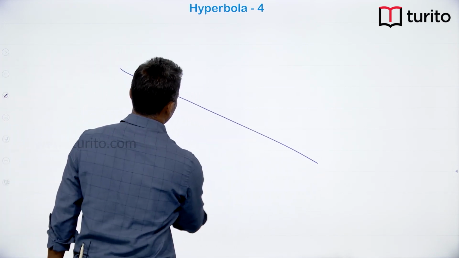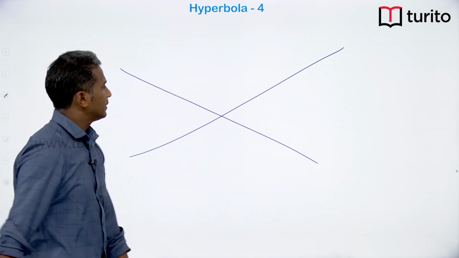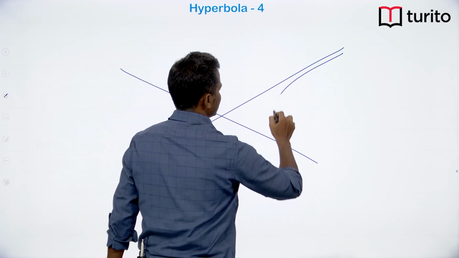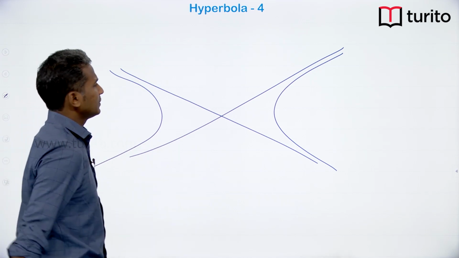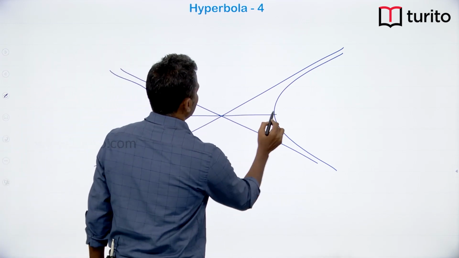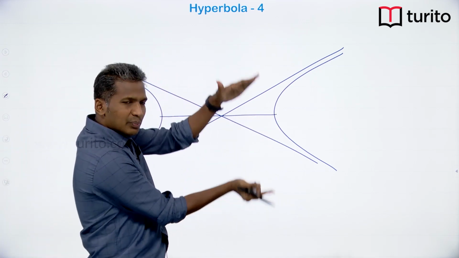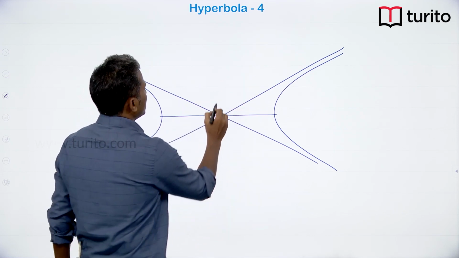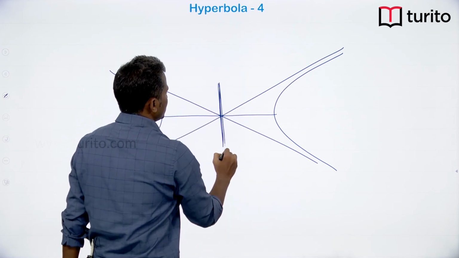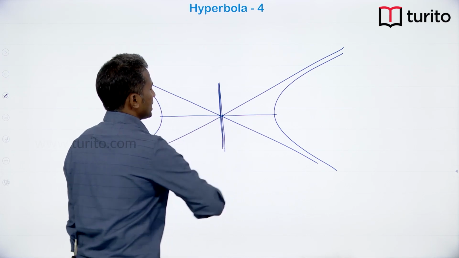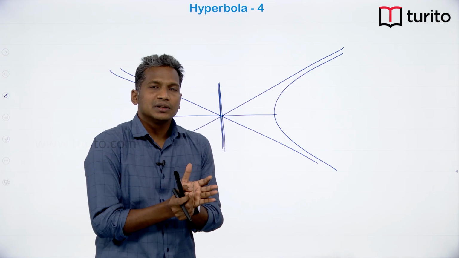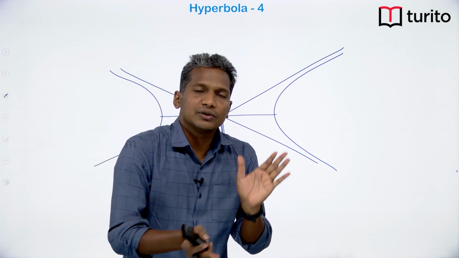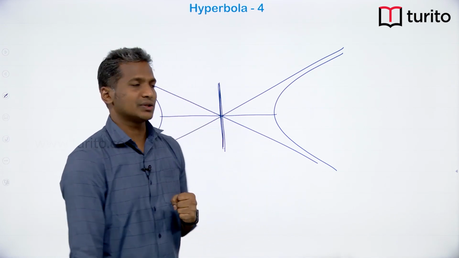Let us say these are my asymptotes, and here there is a hyperbola like this. Because it is a compressed hyperbola, the conjugate axis is going to be smaller compared to the transverse axis, because the conjugate axis represents the compression and expansion of the curve. I have discussed this earlier also.